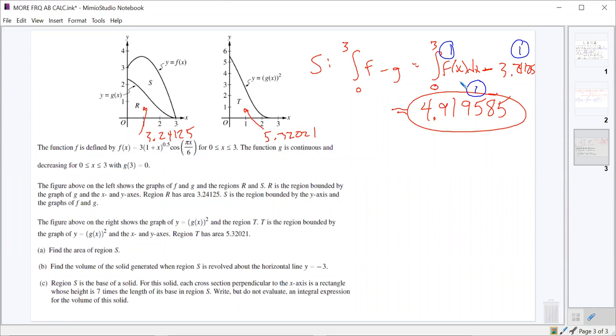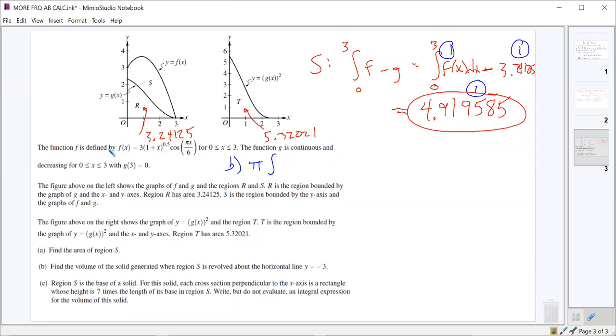So for part B, we're going to take region S and we're going to revolve it around the line y equals -3 and find the volume. So first off, for part B, we know that it should be pi, and it should be an integral of our outer radius squared.